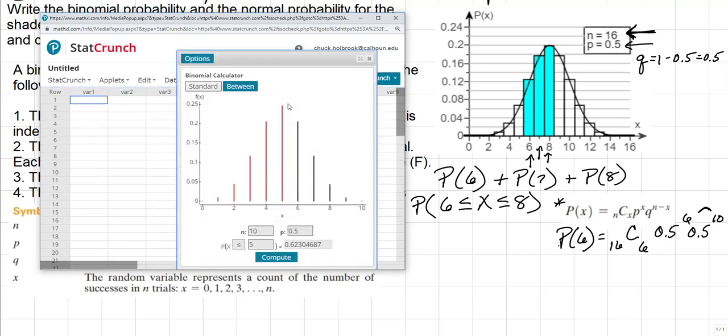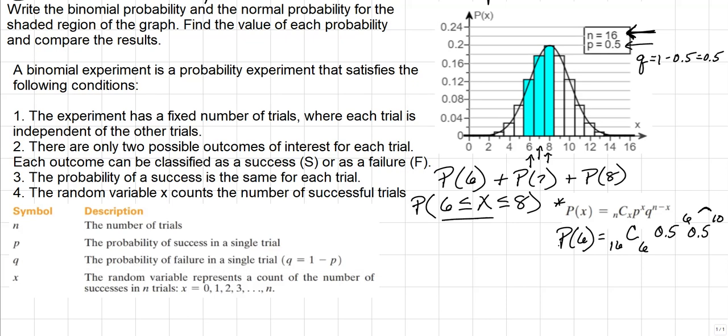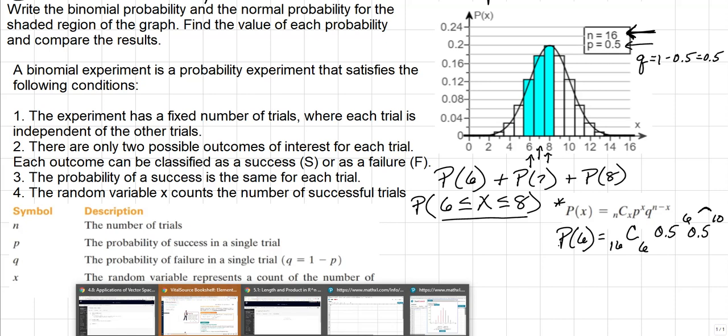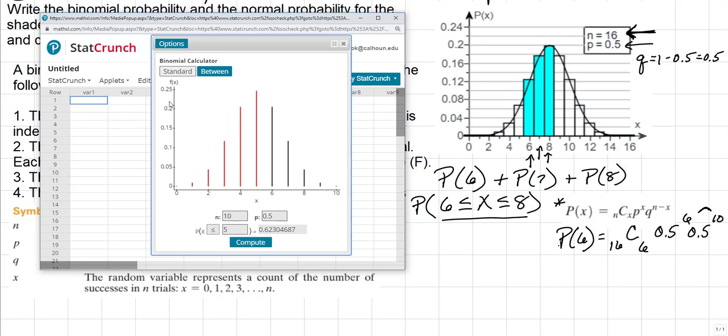If I left-click Binomial, it gives me a calculator, which is already set up for me to just enter information. We're going to be doing a between, from 6 to 8, which is what we have right here. So let's look at our StatCrunch and then do some calculations. This is a between, so we'll left-click between.